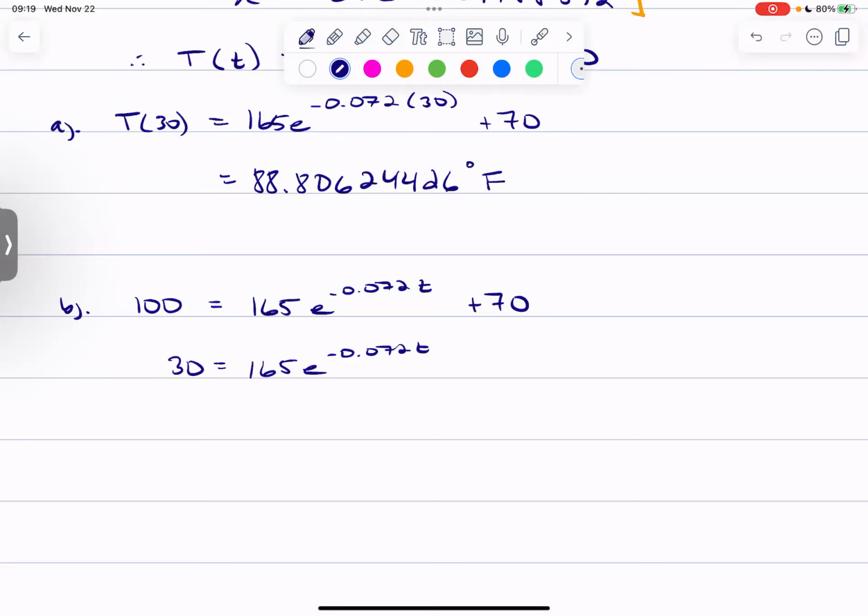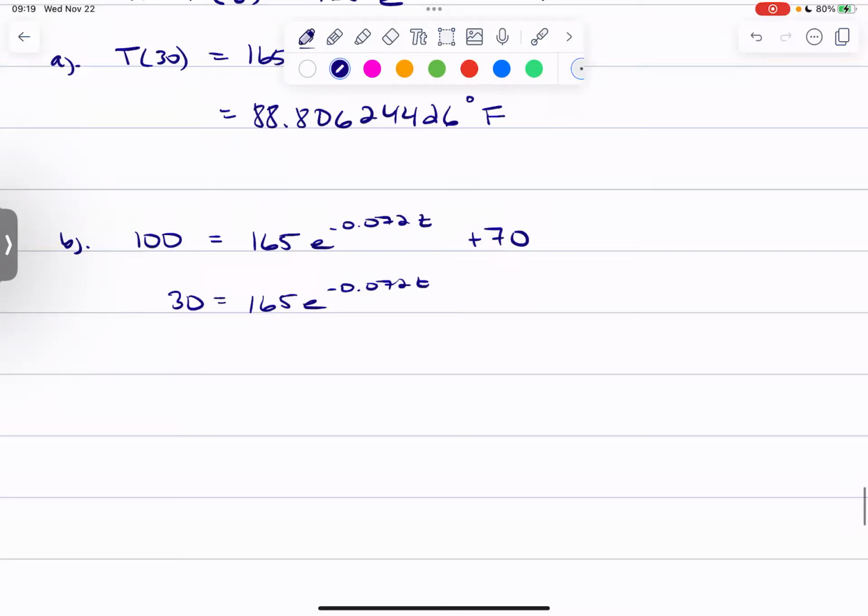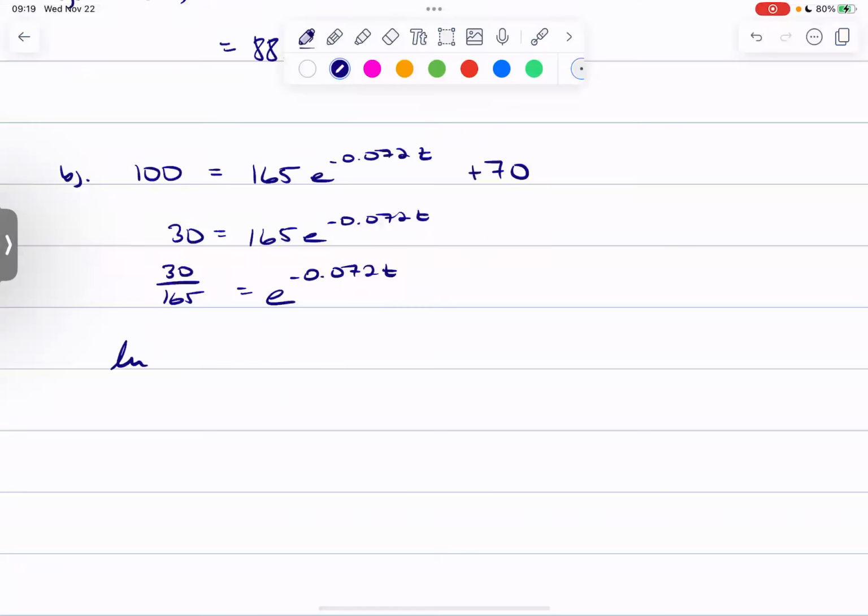Nothing nice, okay. 30 divided by 165 is e to the negative 0.072 t. Take the natural log of both sides, which is negative 0.072 t.